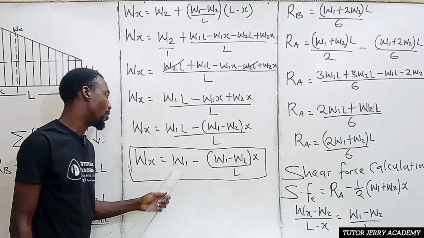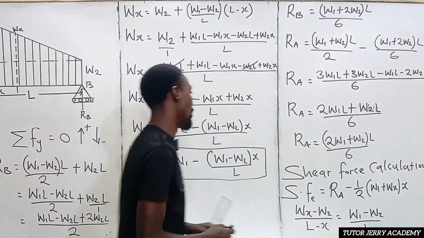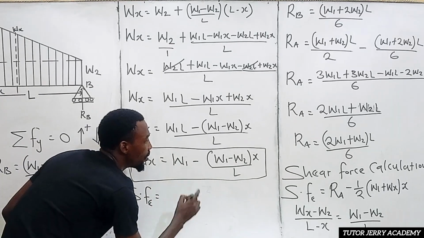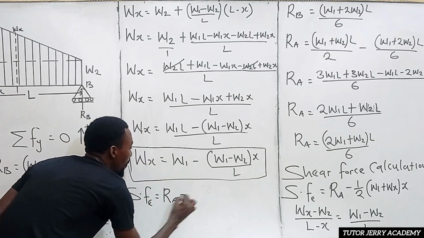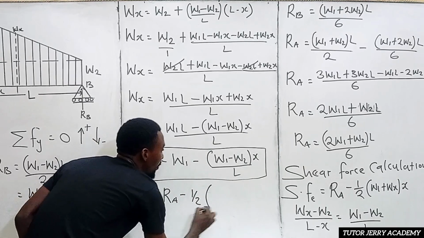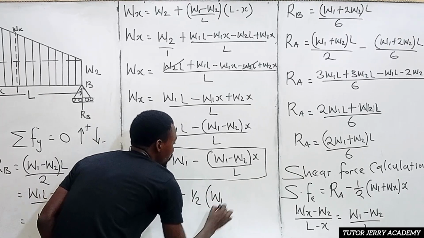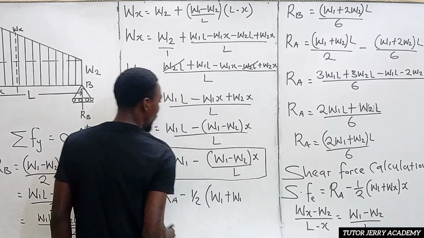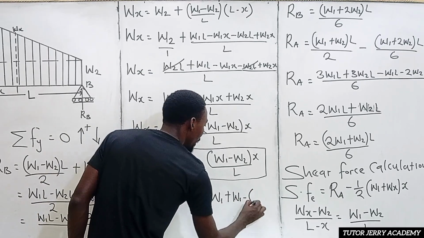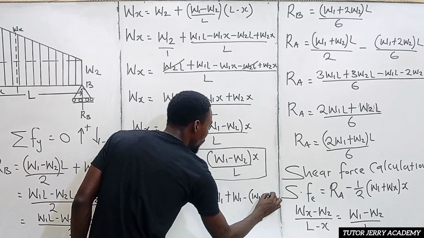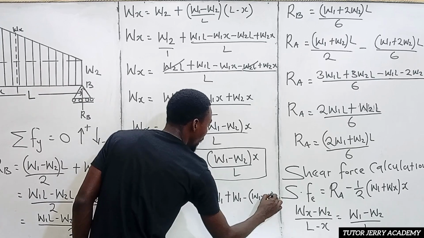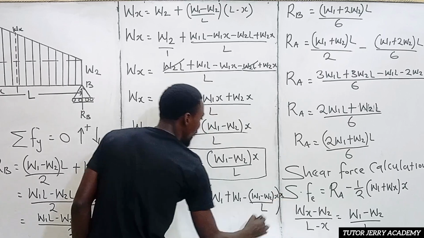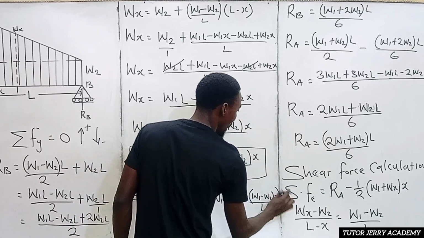All right. So now we are going to substitute this into what we have here. Then we can now rewrite our shear force equation to be equal to R subscript A minus half into W1 plus W1 minus W1 minus W2, then close your bracket, into S all over L. Then you can close this bracket with another S here.